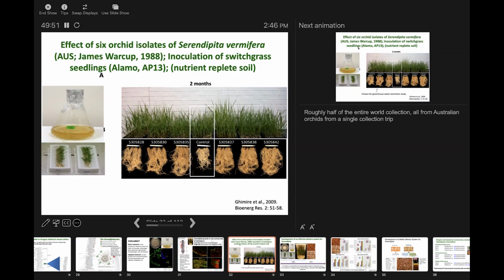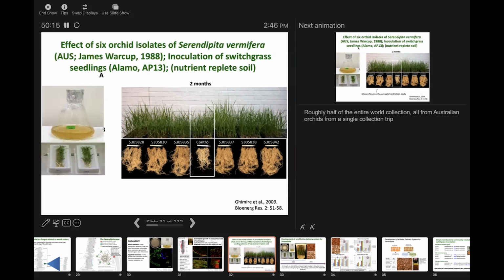That got my interest. There were none other than that one strain, except for one orchid collection trip by James Warcup, 1985 and 86, outside of Perth, Australia. He had the only collection. There were 12 of these strains of this type of fungus. That was it in the entire world.